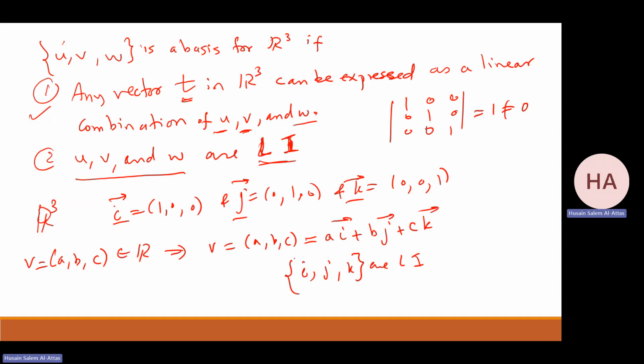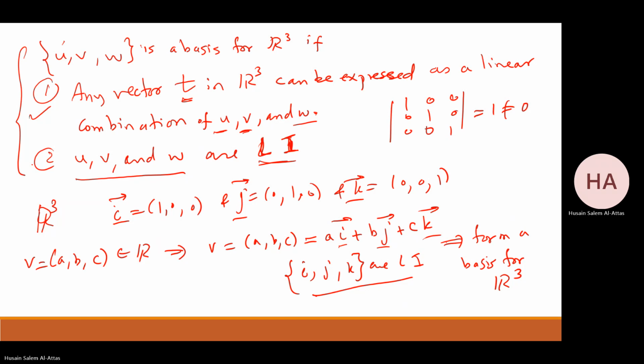So any vector can be generated by these three vectors, and they are linearly independent, so they form a basis for R3. Actually, I need only this, since there are three. But now I prove both of these two conditions, which is the main conditions for the basis, which will be explained in 4.4 in detail.